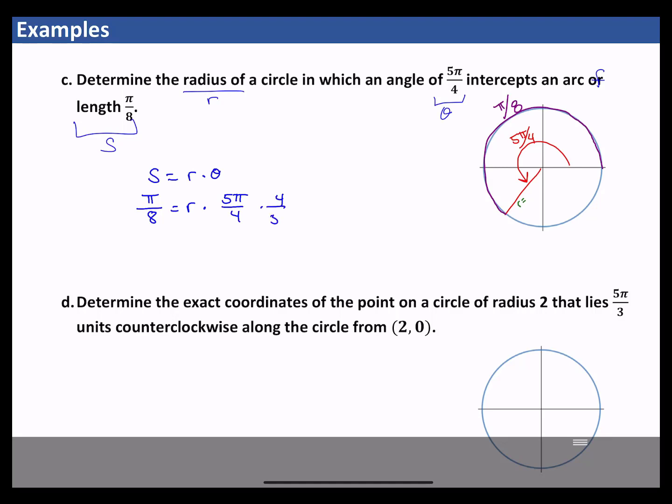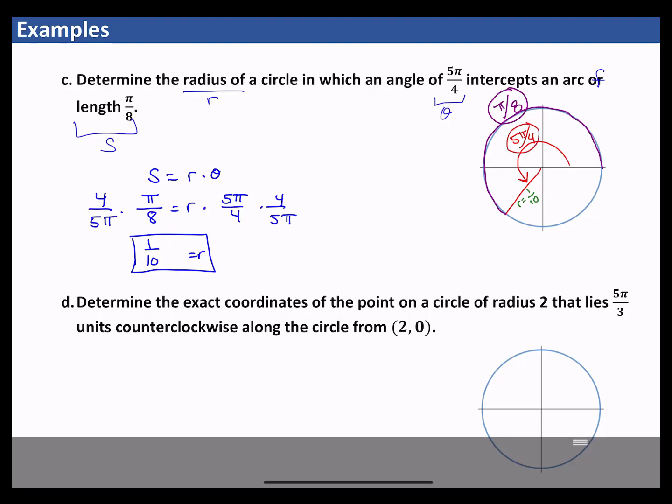So we'll multiply by the reciprocal, 4 over 5 pi. And when we simplify that, we find out that the radius is 1/10. So in fact, that reasoning that the radius would have to be really small because this arc length is a lot smaller than the central angle proved to be true.